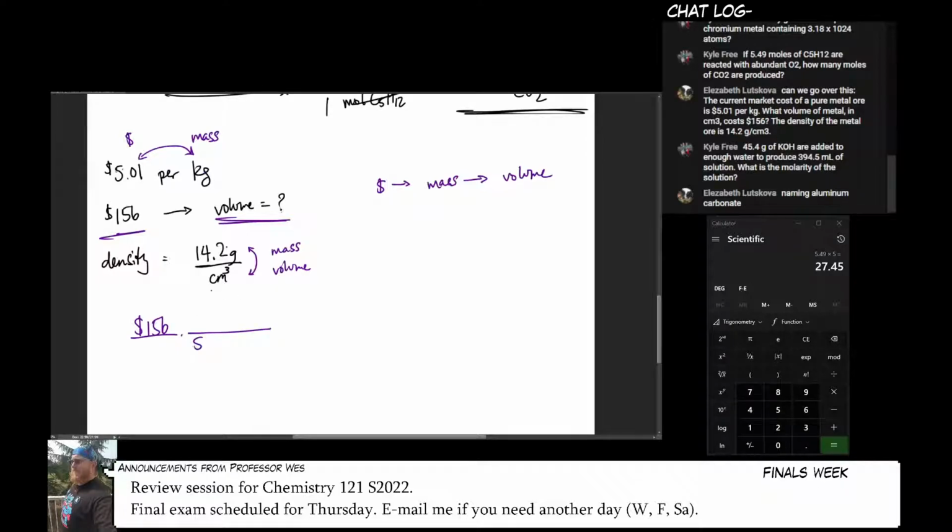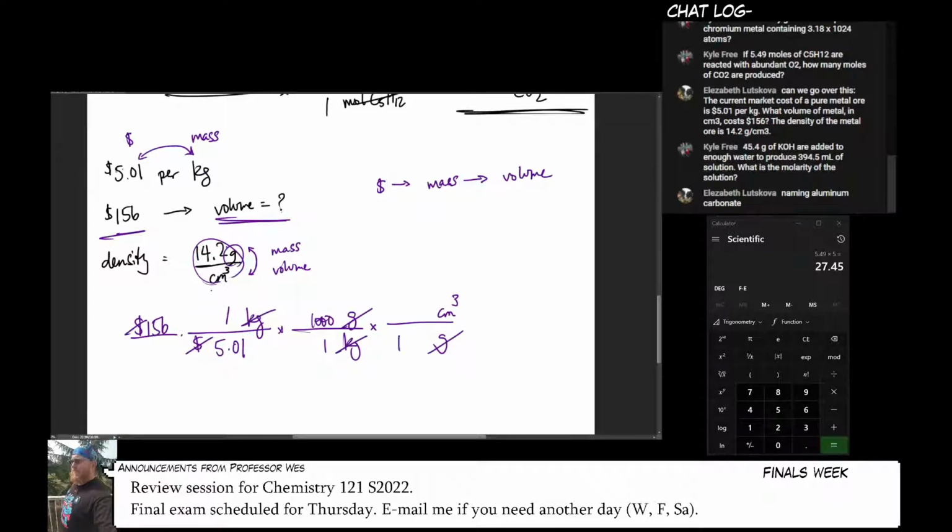So I'm going to turn money into mass. So $5.01 per kilogram. And then I can turn mass into volume, but I have to have mass in grams because that's what it is right here. So we'll do that first. And then we'll turn grams into cubic centimeters using the density right here.